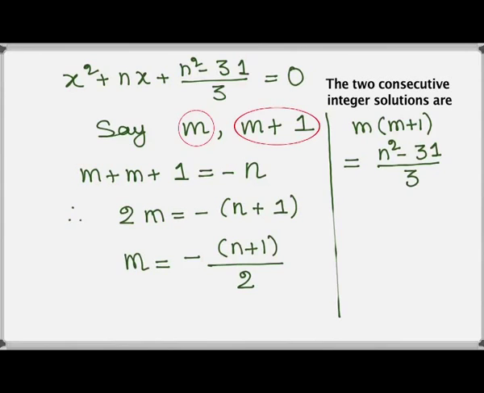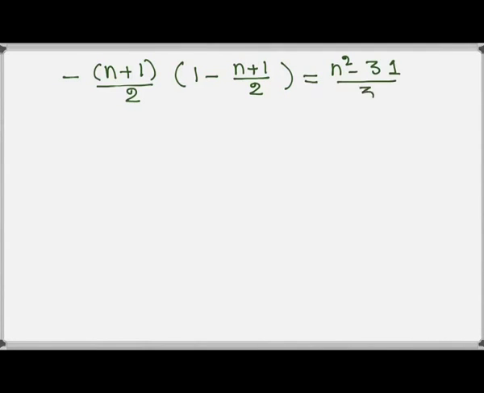Now we substitute the value of m which we have got in this equation, and then we obtain minus n plus 1 divided by 2 into 1 minus n plus 1 divided by 2 is equal to n square minus 31 divided by 3.